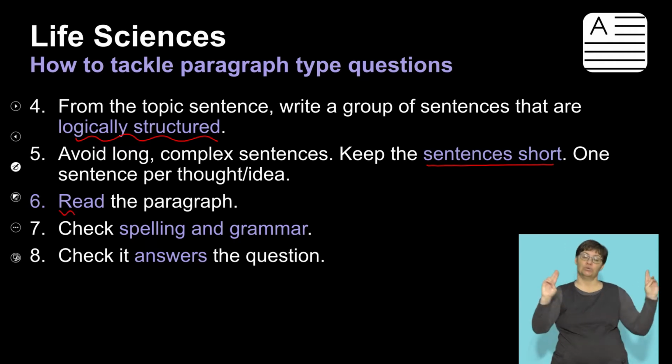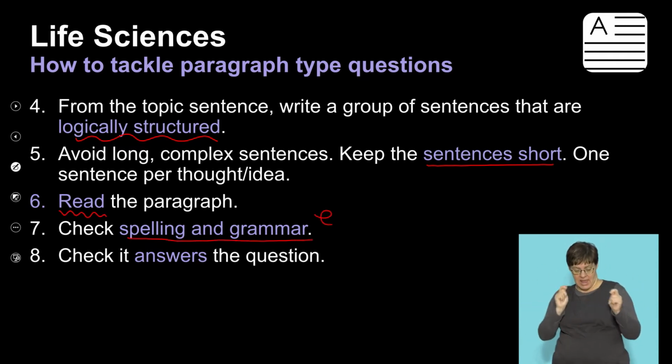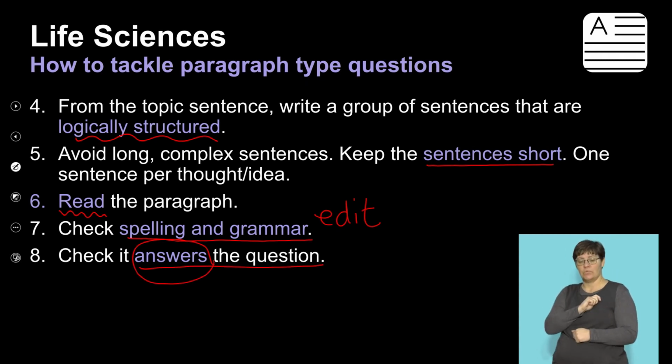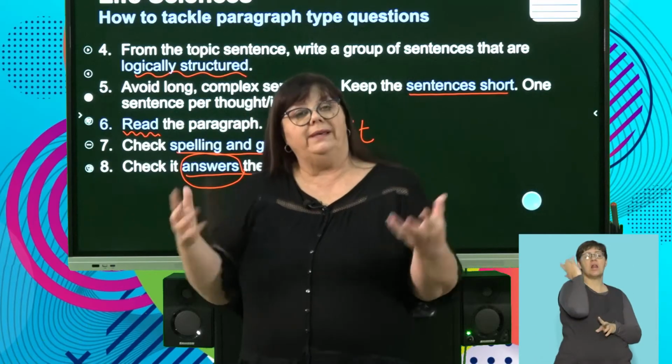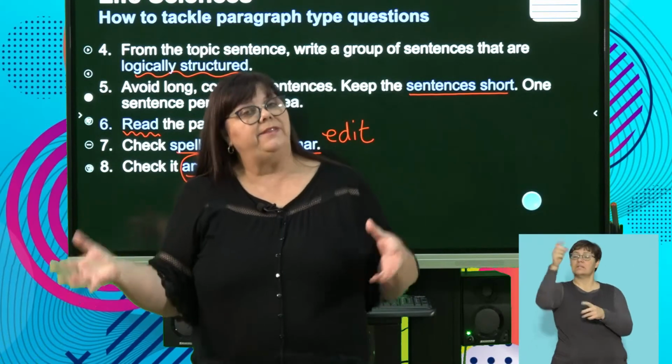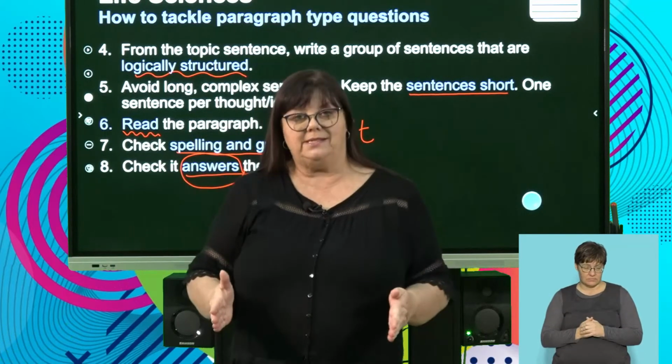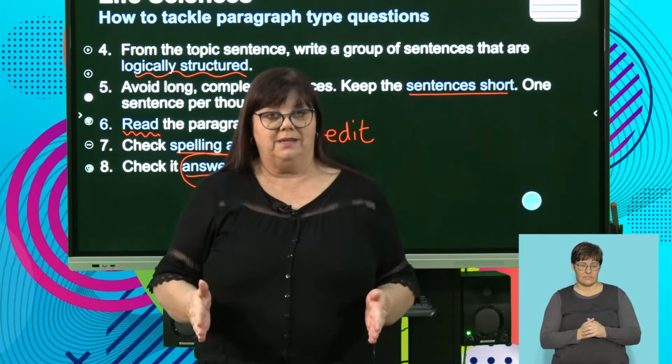Once you've written the paragraph, read through it, edit it in order to check grammar and spelling, and finally check that what you have written actually answers the question and that you haven't gone off at a tangent talking about something else that doesn't in fact answer what you were asked.